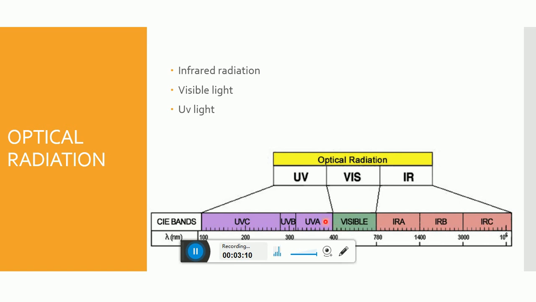The ultraviolet A is strongly absorbed by the crystalline lens, while the wavelengths in the range of 400 to 1400, which consist of visible light and near infrared light, pass through the ocular media to fall on the retina.